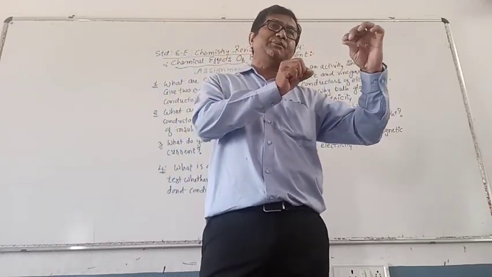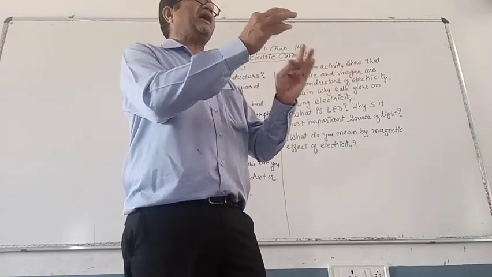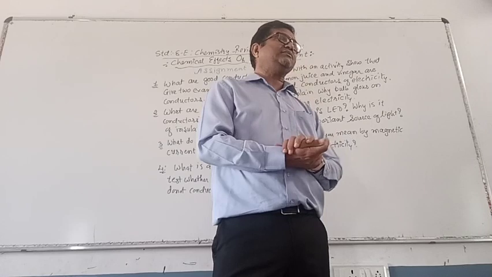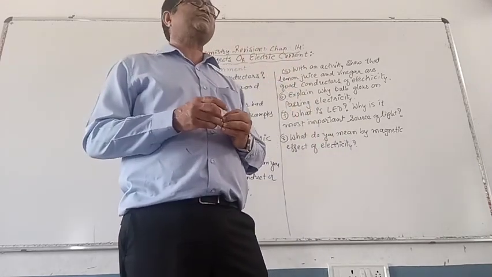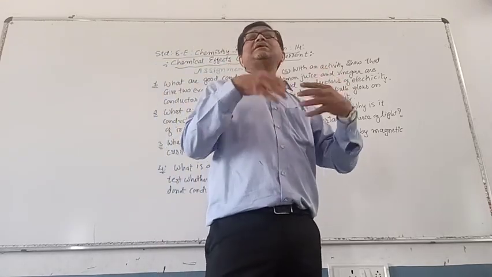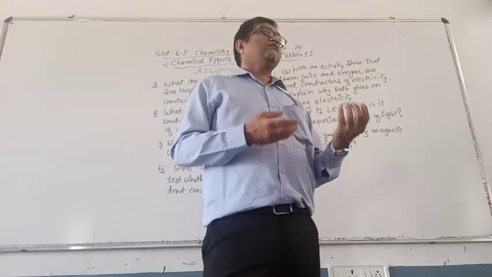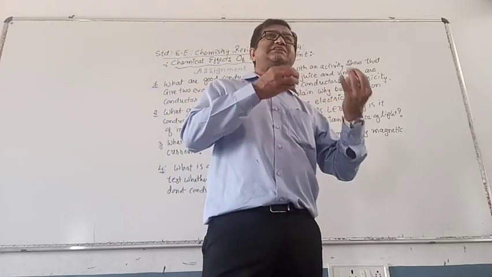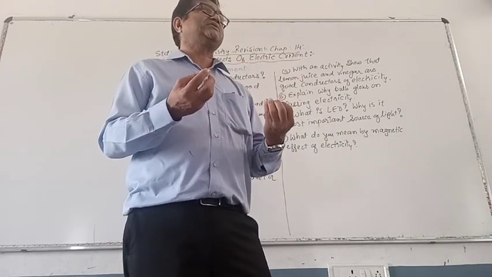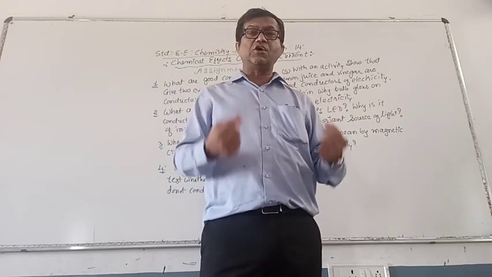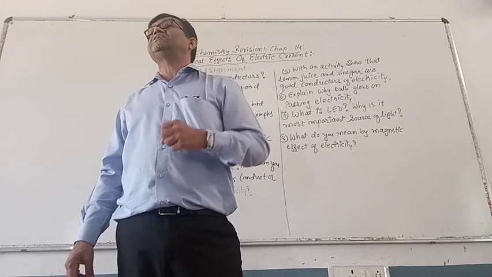Now when we put some material between those two ends, what will happen? If that material is a conductor, the current will pass through it and the bulb will glow. But when we join a material which is an insulator, the bulb will not glow because the circuit will not be closed and the current cannot pass through that material.